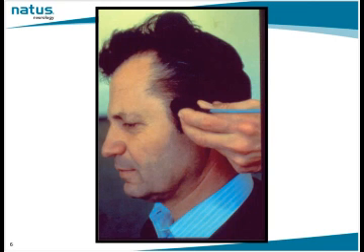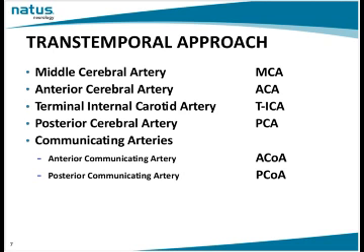So let's talk about the transtemporal approach. The transducer is oriented along the temple above the zygomatic arch, as illustrated here. From this approach, as long as these are anatomically present, and we did have a seminar recently on collateral flow and anatomic variations, but as long as the patient has all of the arteries in their right places, we expect to find the middle cerebral artery, the anterior cerebral artery, the terminal ICA, or the TICA, and the posterior cerebral artery, or the PCA.